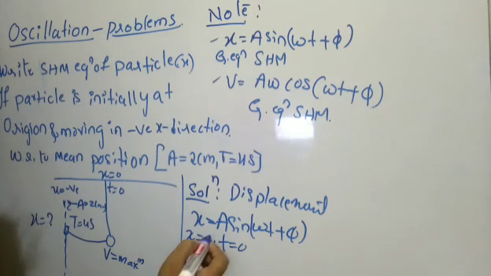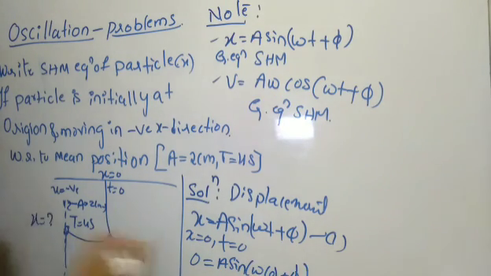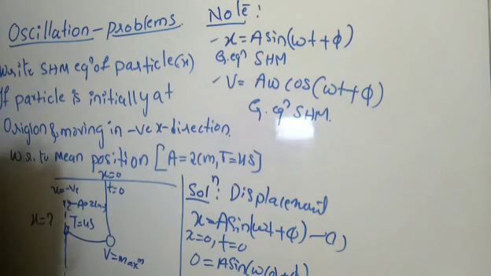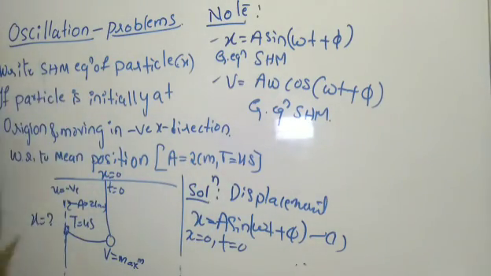Put these values in equation one for displacement: 0 equals a sin(omega times 0 plus phi). I think the camera is not catching this, I'll write it here once again.